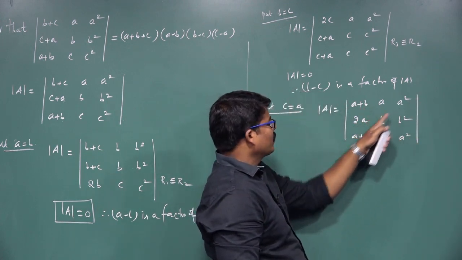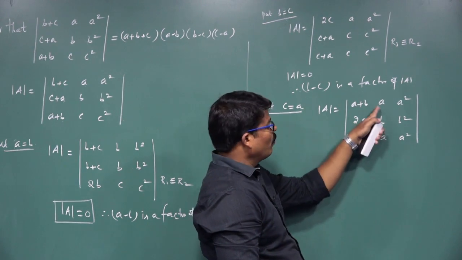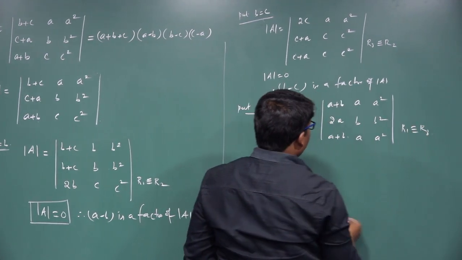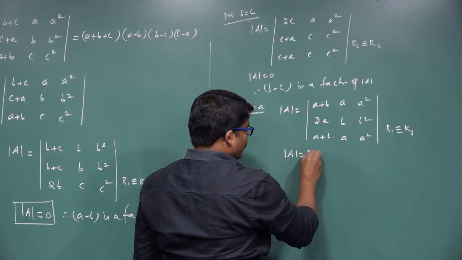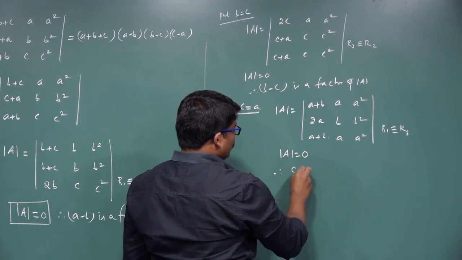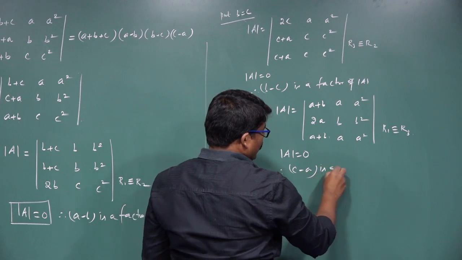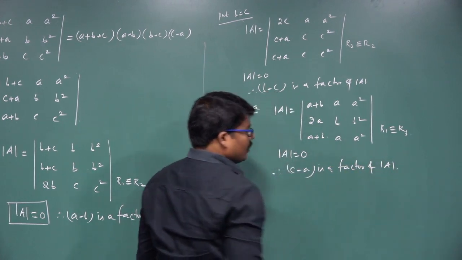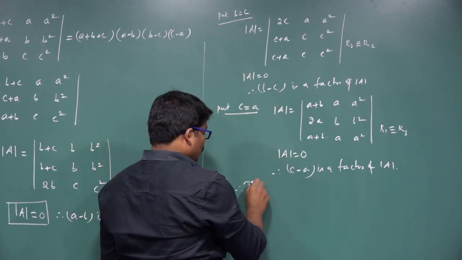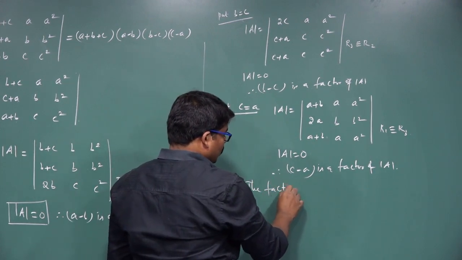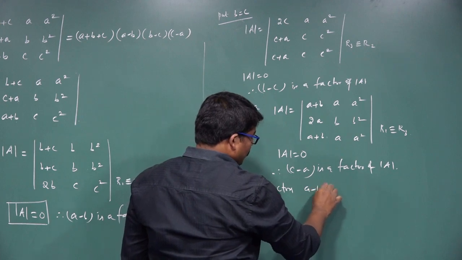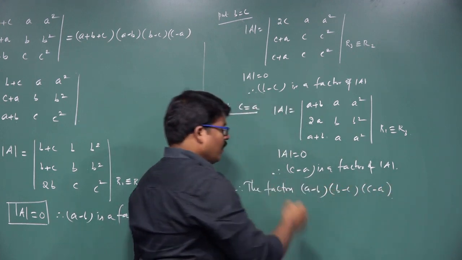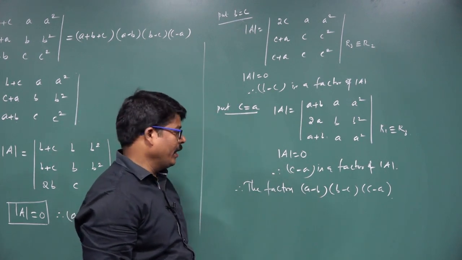Rows R1 and R3 are identical, then the determinant value is 0. Therefore, c minus a is a factor of determinant A. Therefore, a minus b, b minus c and c minus a are factors of the determinant A.